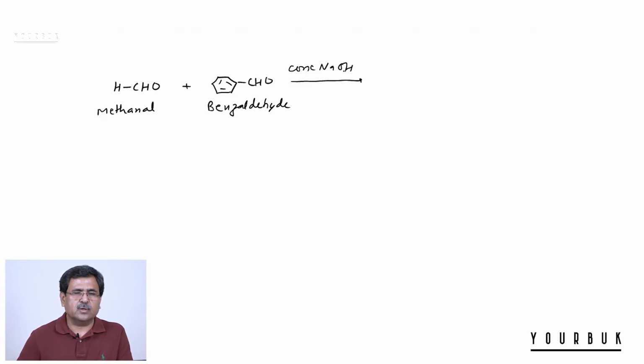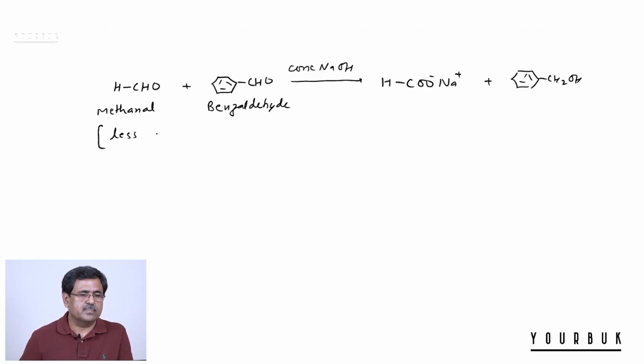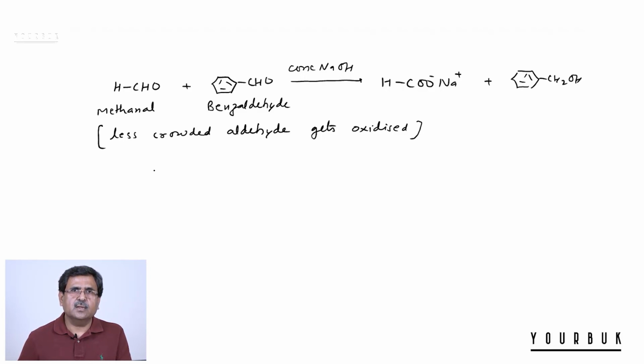Now, in case of a cross Cannizzaro reaction, the less crowded aldehyde gets oxidized. So the products are sodium salt of methanoic acid and the benzyl alcohol. Less crowded aldehyde gets oxidized. And in this Cannizzaro reaction, this alkali acts as a nucleophile and not as a base.